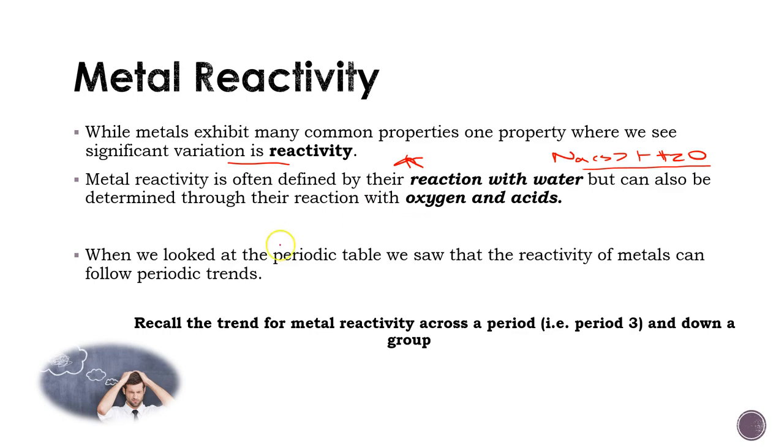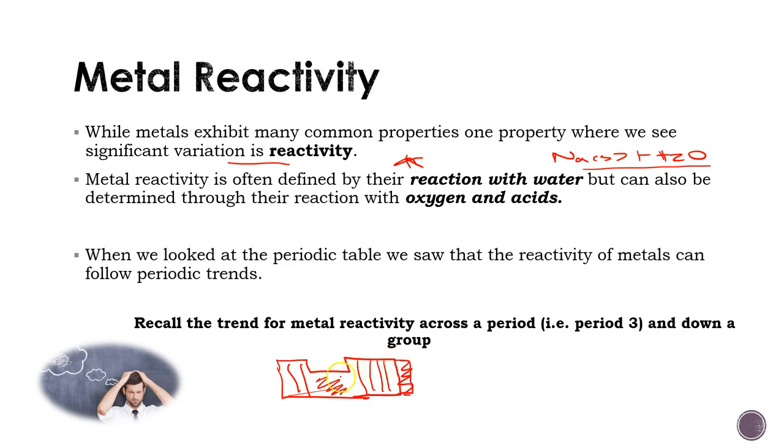Okay, so if we remember back to the periodic table, we saw that the reactivity of metals can follow periodic trends. If we have our periodic table, group 1, group 2, skipping across the middle, and then our P block, so we've got group 1, group 2, our D block transition metals, 13, 14, 15, 16, 17, and then our noble gases over here.